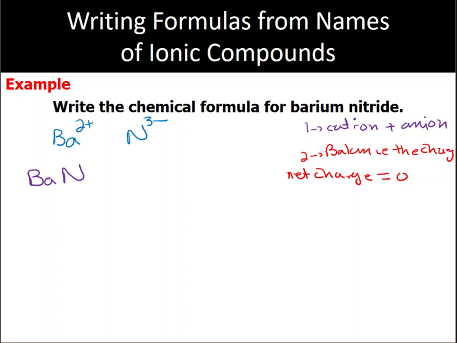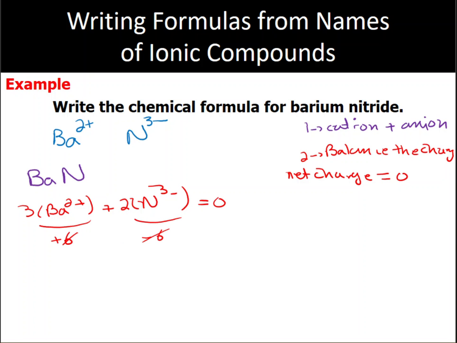Now, if I use 3 barium and 2 nitride ions, then my net charge on this compound is going to be 0. Let's see how. You have 3 bariums, 3 times positive 2 is +6. 2 nitrides, -6. This becomes 0.